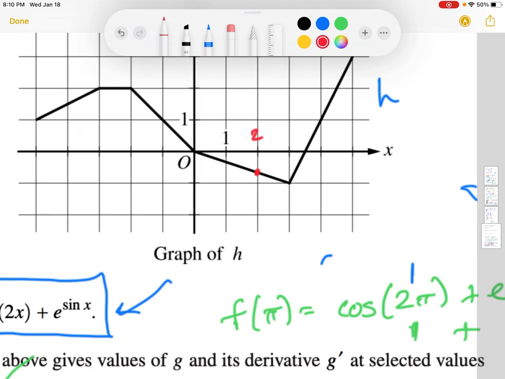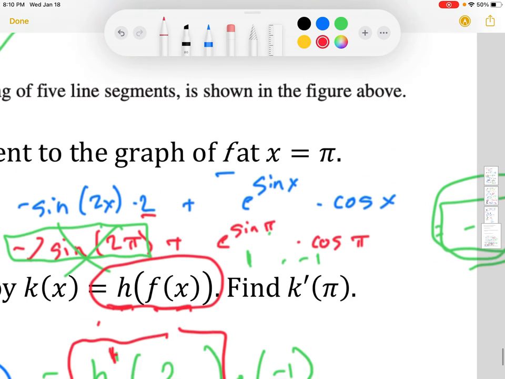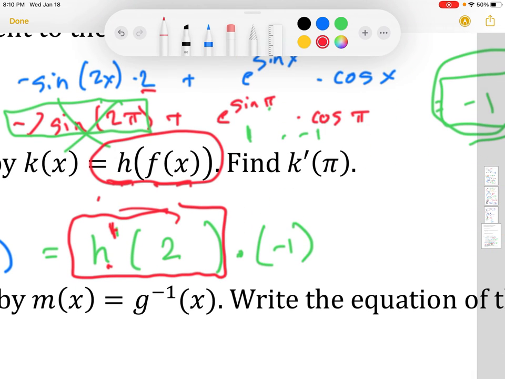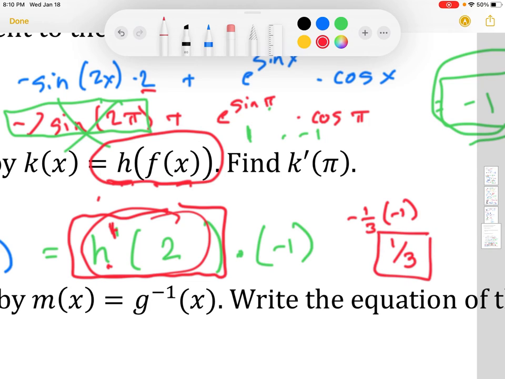Well, if you look at it, it's actually negative 1/3. So that means that h prime of 2 is equal to negative 1/3, right? So if I go down here, I'm going to change all this right here to negative 1/3, but then I'm going to bring back that negative 1, and so my answer to the second one here is positive 1/3.